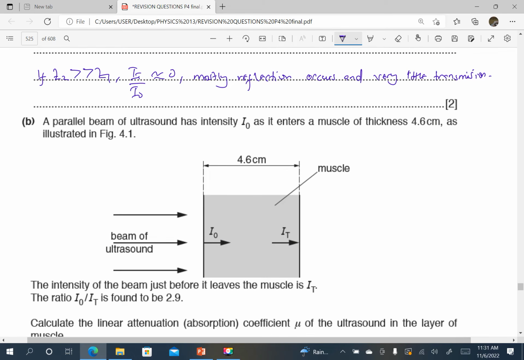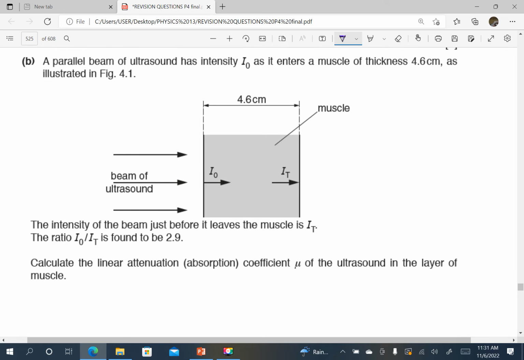A parallel beam of ultrasound has intensity I naught as it enters a mass of thickness 4.6 centimeters, as illustrated in the figure here. The intensity of the beam just before it leaves the muscle is IT.